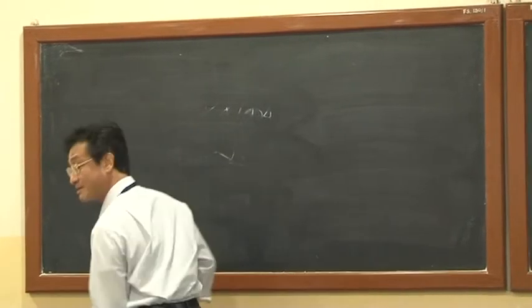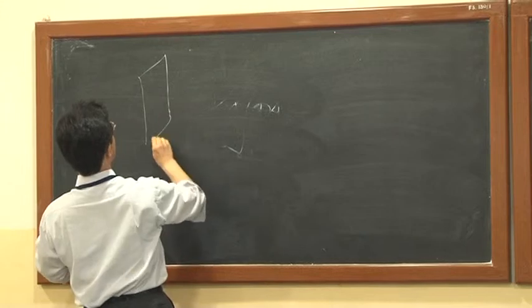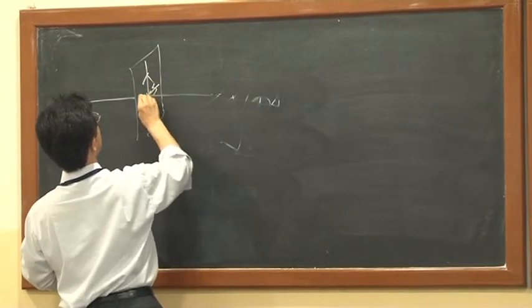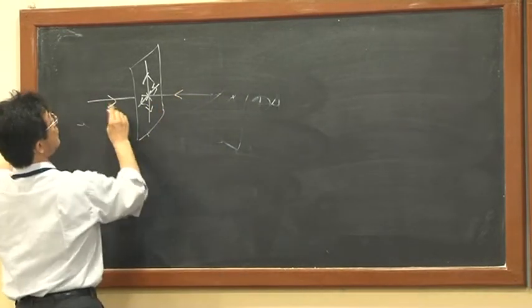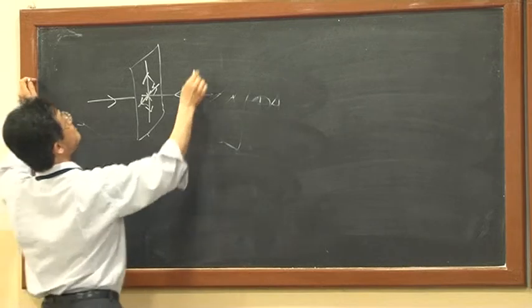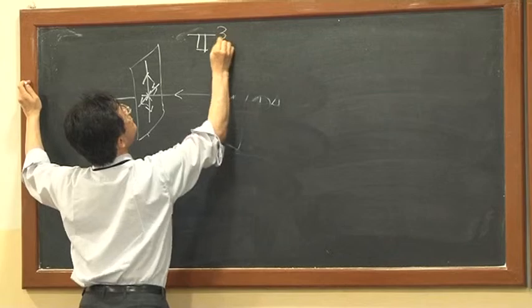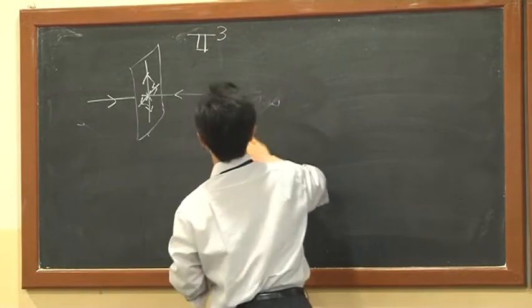So next, we construct a three-dimensional DA. This is the two-dimensional unstable space, and this is the one-dimensional stable space on the three-dimensional torus. So we perturb it something like this.